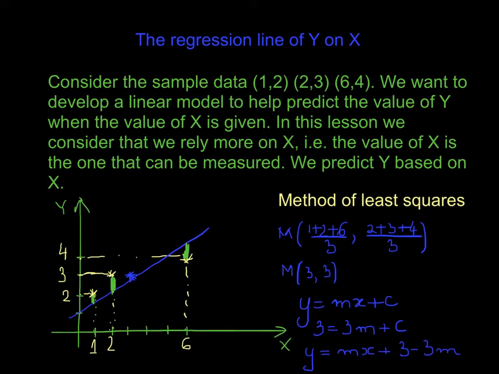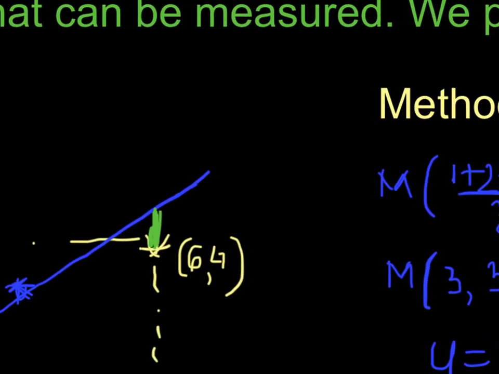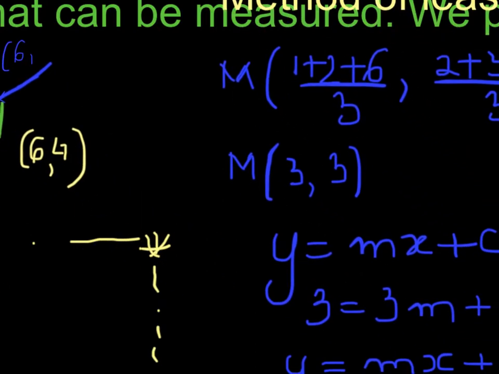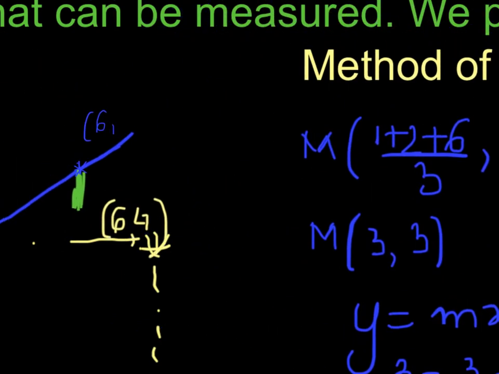As an example, if we take the point of coordinates 6, 4, the distance of this point to the line, we'll consider the vertical distances. So the vertical distance, the corresponding point on the line, is for x equals 6, y equals, and if we look at the equation of the line, y equals mx plus 3 minus 3m.